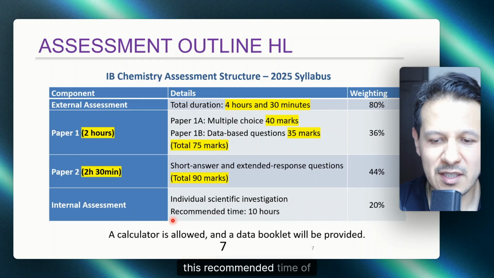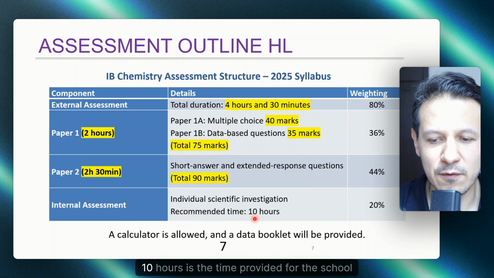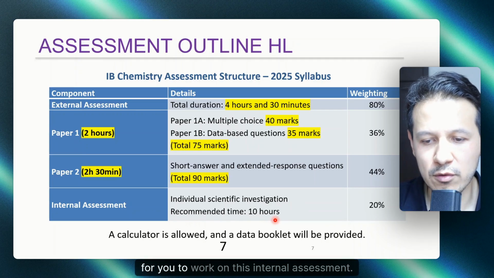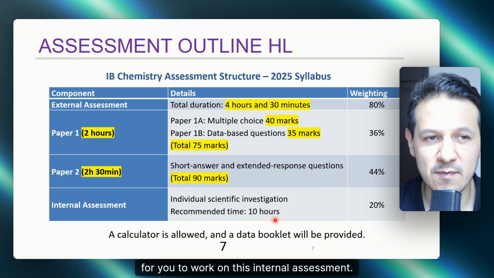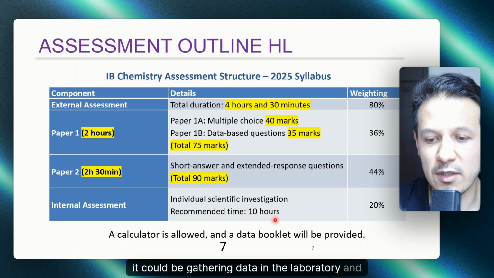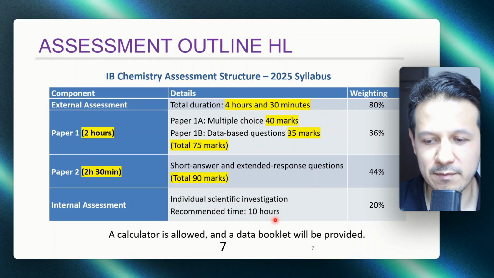Okay, this recommended time of 10 hours is the time provided by the school for you to work on this internal assessment. It could be gathering data in the laboratory, and also it could be writing.